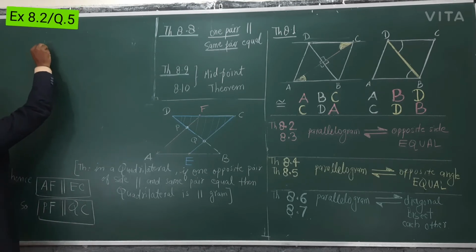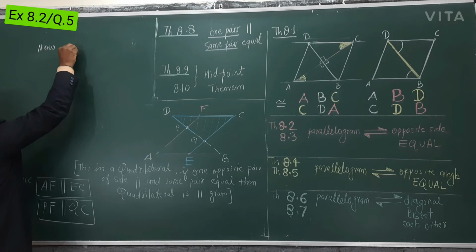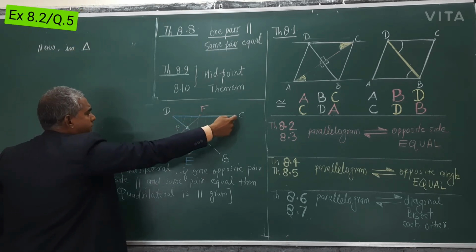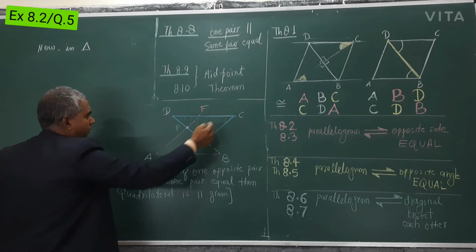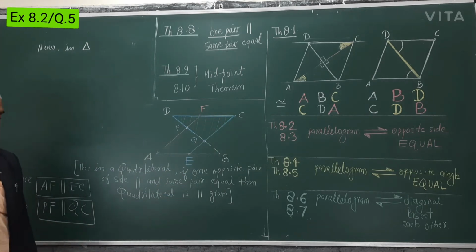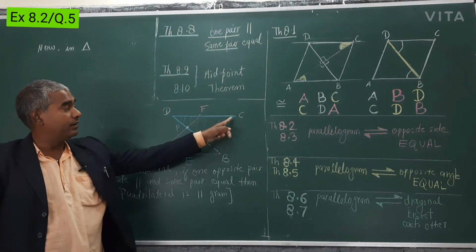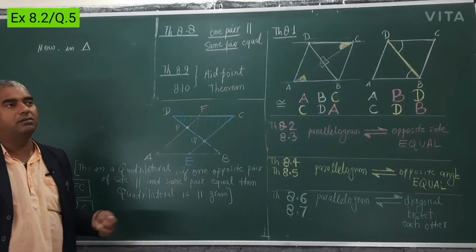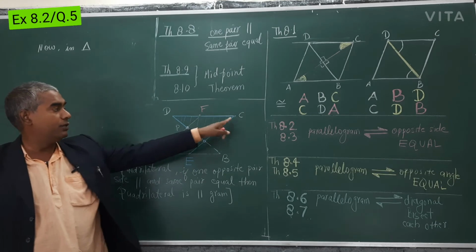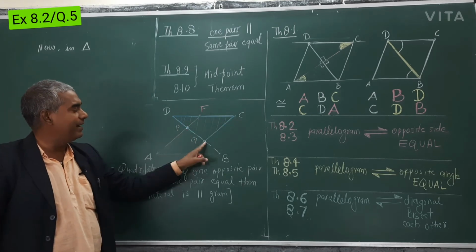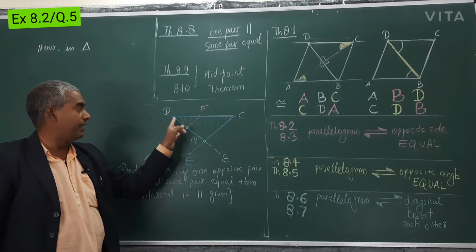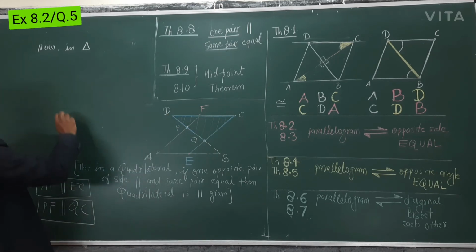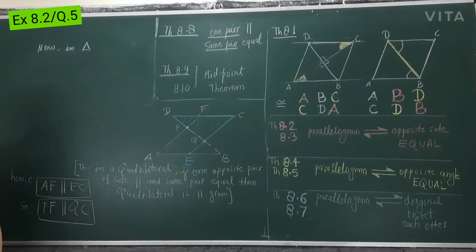Now, in triangle DCQ, whenever many points are there like D, C, Q, we should start in alphabetical order. So we will write C first, then D: in triangle CDQ. It's my method.